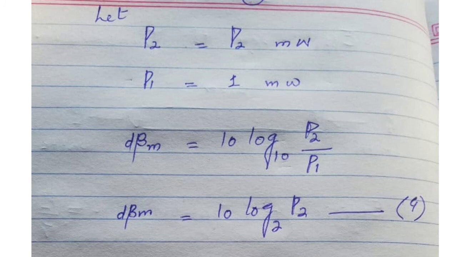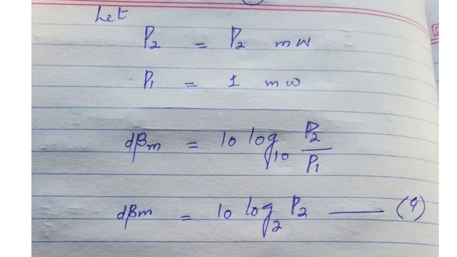And we take P1 as a reference, and the reference value of P1 is 1 milliwatt. So if P1 is 1 milliwatt, then we calculate the decibel value of these two powers with respect to milliwatt. And this value will be represented by dBm.